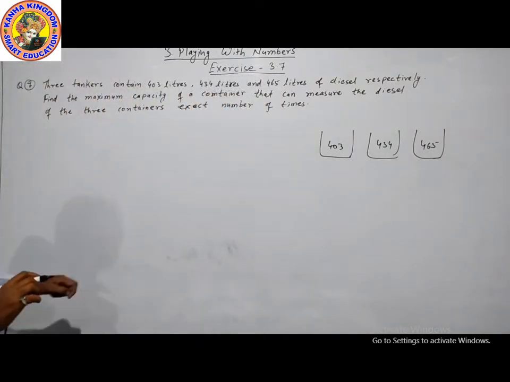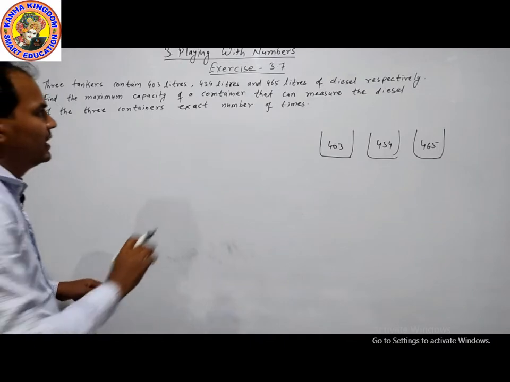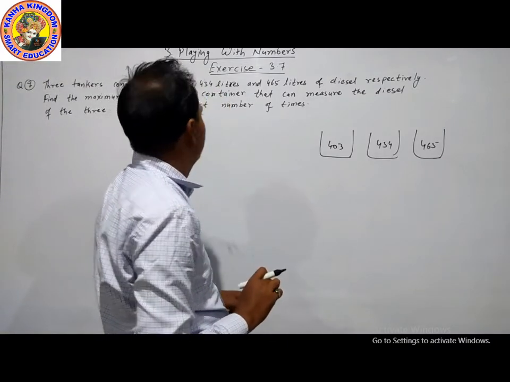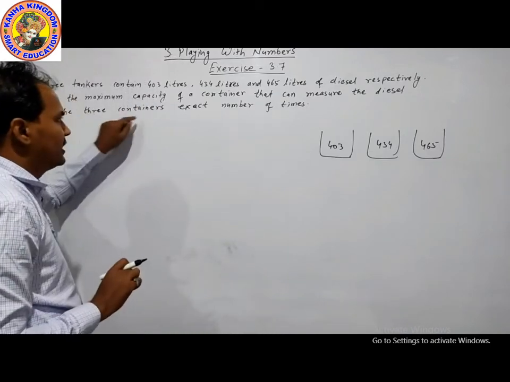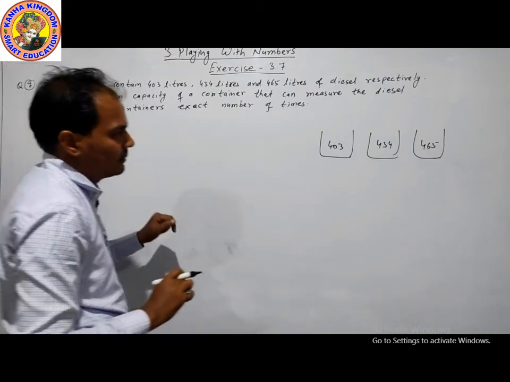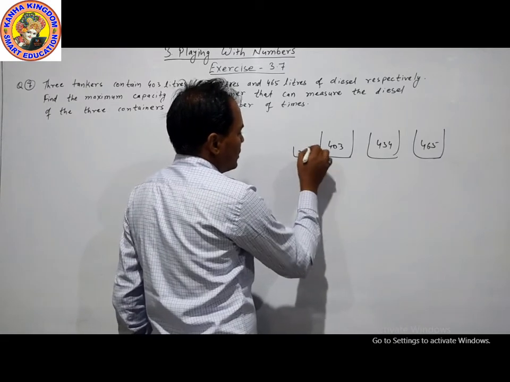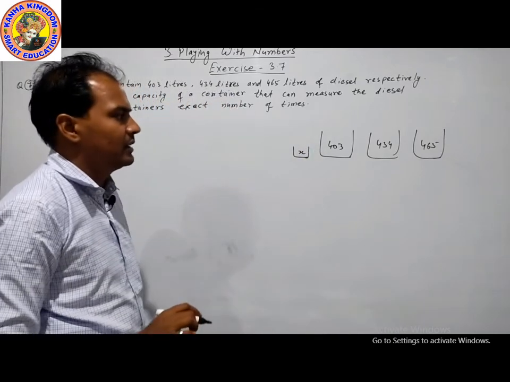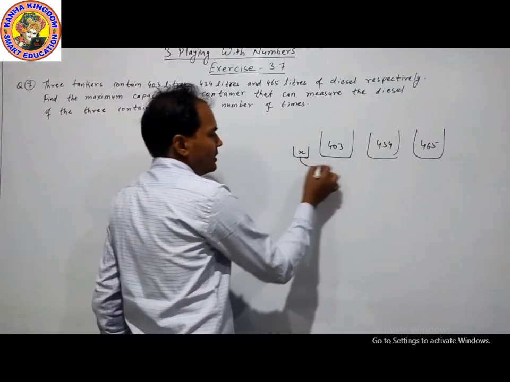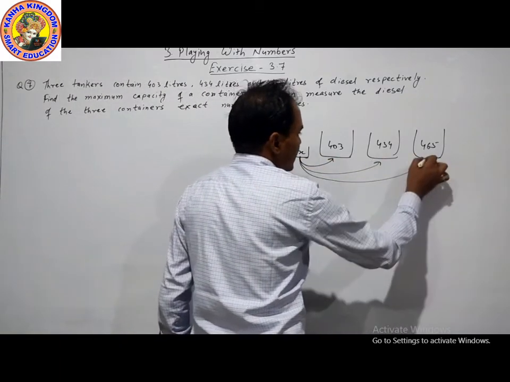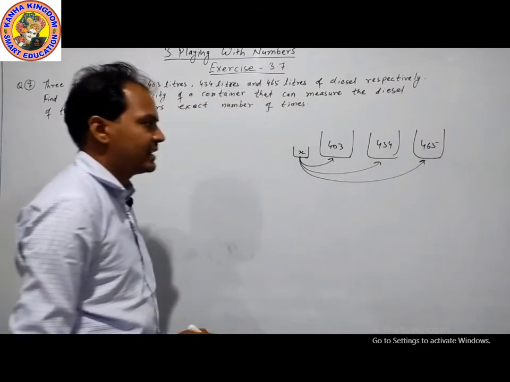Find the maximum capacity of a container that can measure the diesel of the 3 tankers an exact number of times. We will take a small container to measure this diesel exactly.